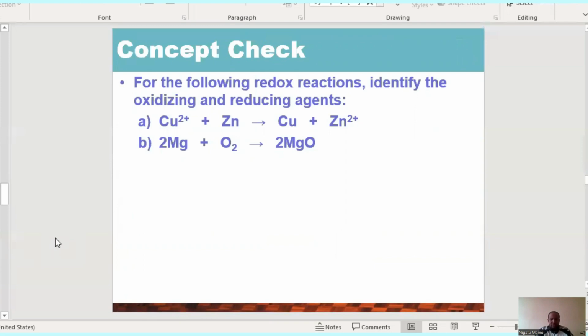In the following redox reaction, identify the oxidizing and reducing agents. Oxidizing agents are reduced substances, reducing agents are oxidized substances. Oxidized substances lose electrons, reduced substances gain electrons. Copper 2+ reacted with zinc to give copper plus zinc 2+.